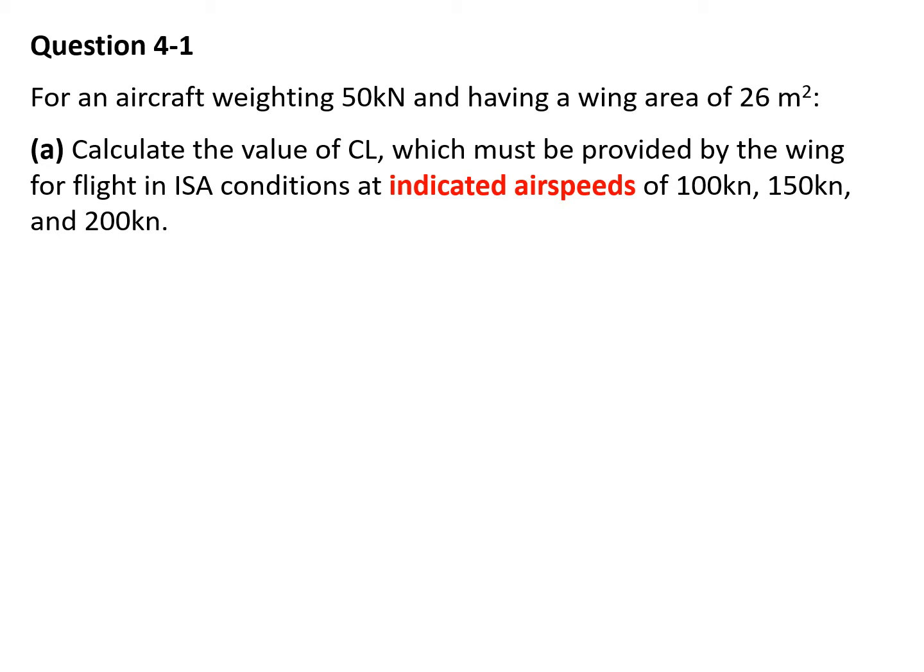Because it's in cruise, and we have the information of weight 50 kilonewton and the area 26 meter square. And we know it's in cruise level flight, so the lift should equal the weight, and at the same time lift can be calculated as half rho v square times s times the lift coefficient.